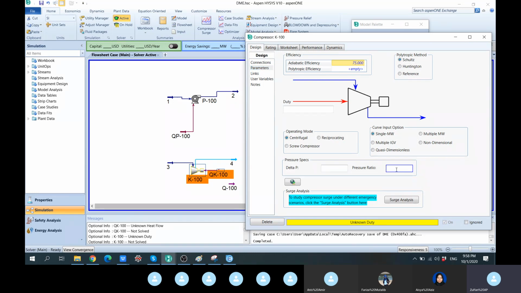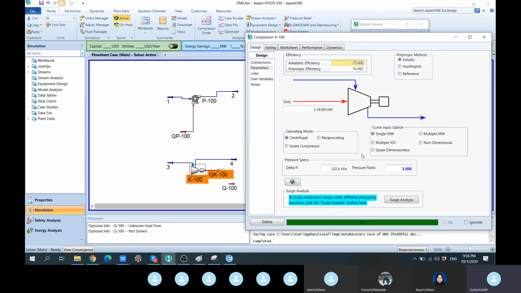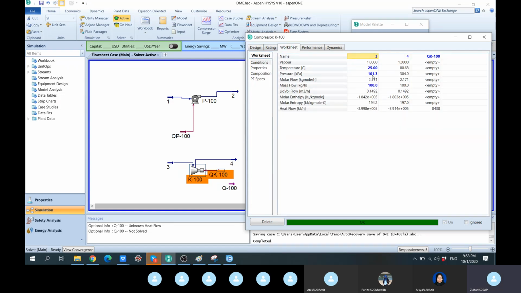Put 2 or 3, enter, and then we have temperature. We check the temperature. Temperature is 80 degrees C, right? So it's quite cold, so I can compress more. This is then from 1 to 3.